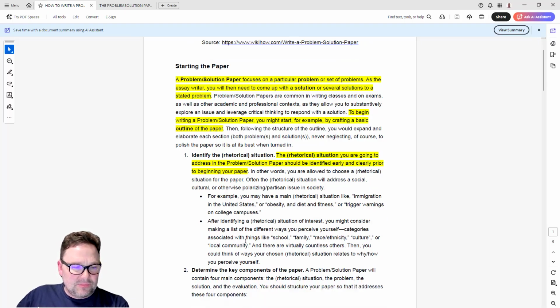You'll notice in the prompting materials that we have here that I have this word rhetorical in parentheses. So just reading it without that for a moment, identify the situation. The situation you're going to address in the problem solution paper should be identified early and clearly prior to beginning your paper.